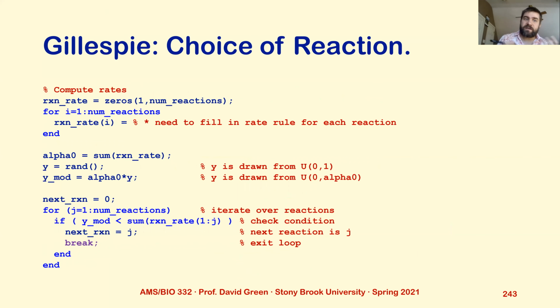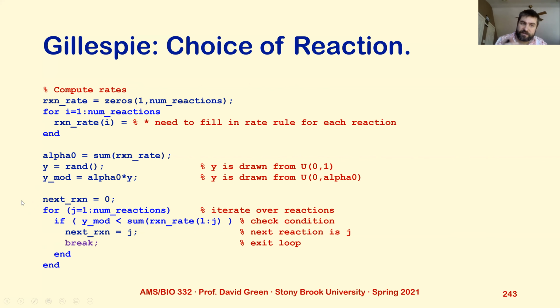How do we do this in MATLAB code? Well, compute the reaction rates in the same way, sum them up in the same way. Now we generate a random number between 0 and 1. Simply multiplying that number by alpha naught will change it into a random number between 0 and alpha naught. And then we just need to ask where y is in the sequence, which subinterval it is in.